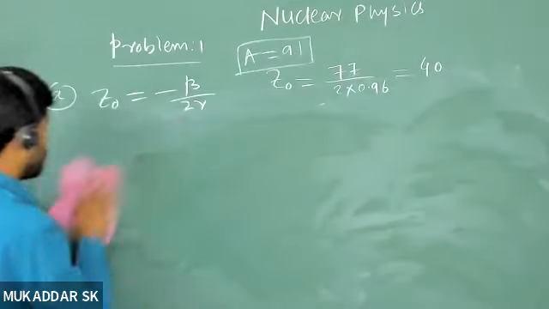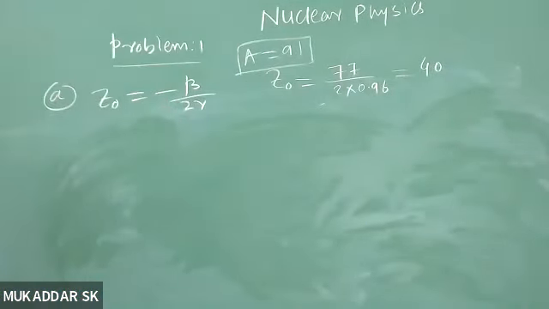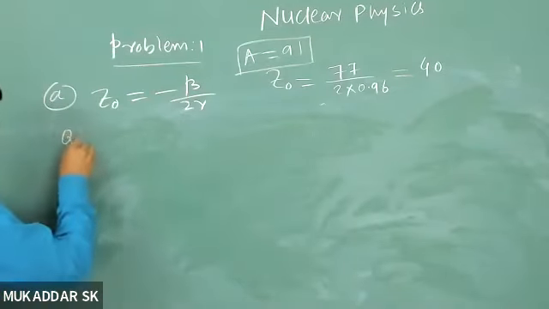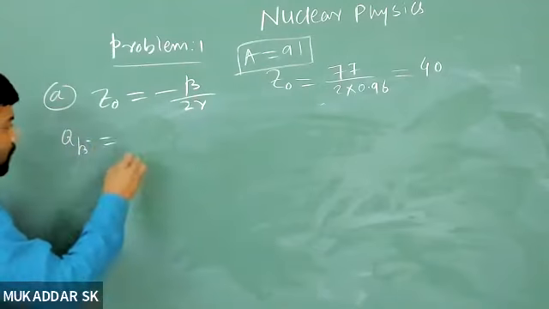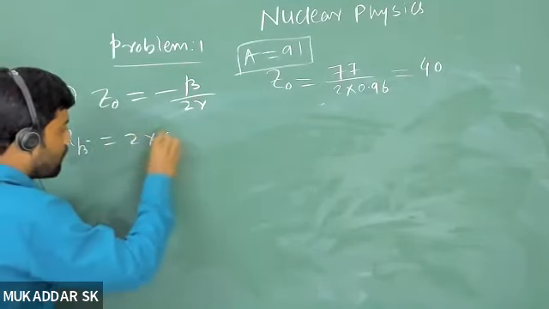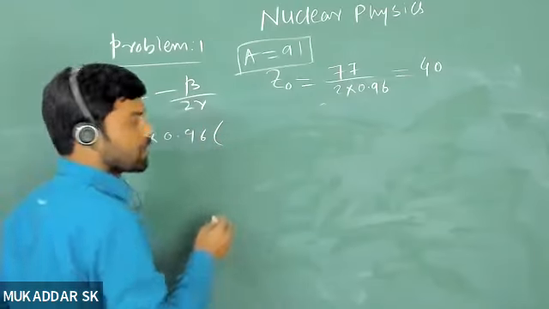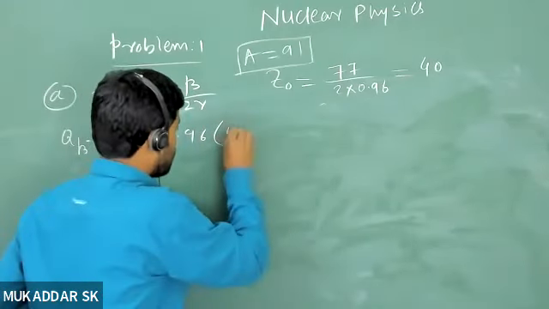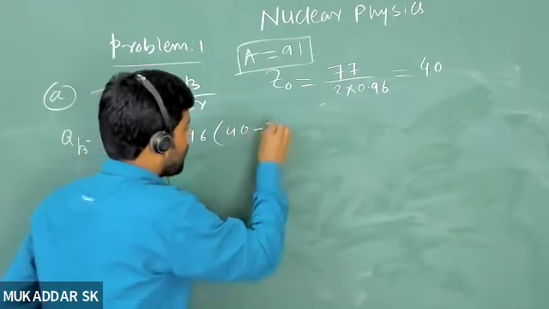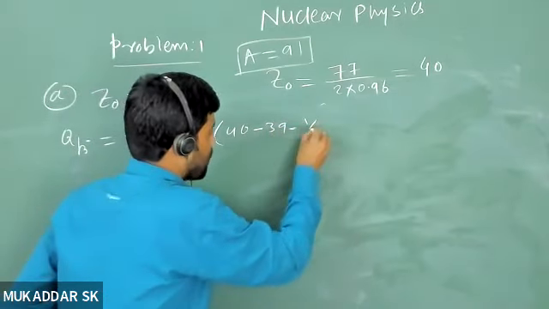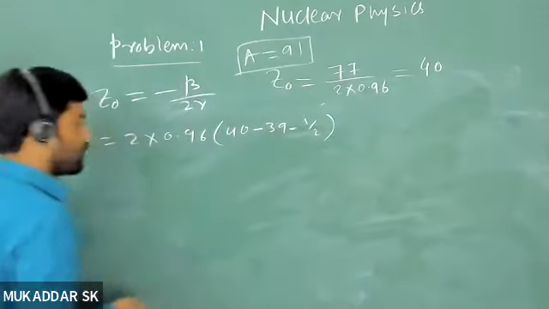Okay. So if I again rewrite it, we'll have Q beta minus, and that will be twice 0.96, Z0 was there, that is 40, right? Then you have Z that is 39 minus half, okay?